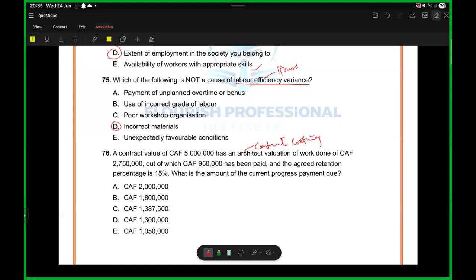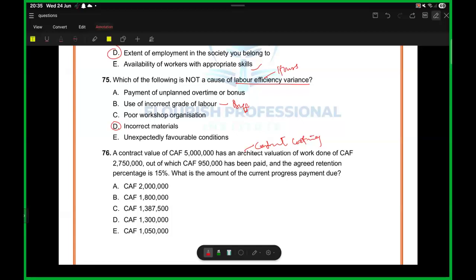If you do not use the correct grading bands, mostly in differential piece rates, because we want to encourage hardworking employees, we use different gradings to calculate the pay for the labor. So if you do not use the correct gradings, that too can discourage them. It can be either favorable or unfavorable. If there is a poor working condition, it may not encourage the labor force to put up their best.